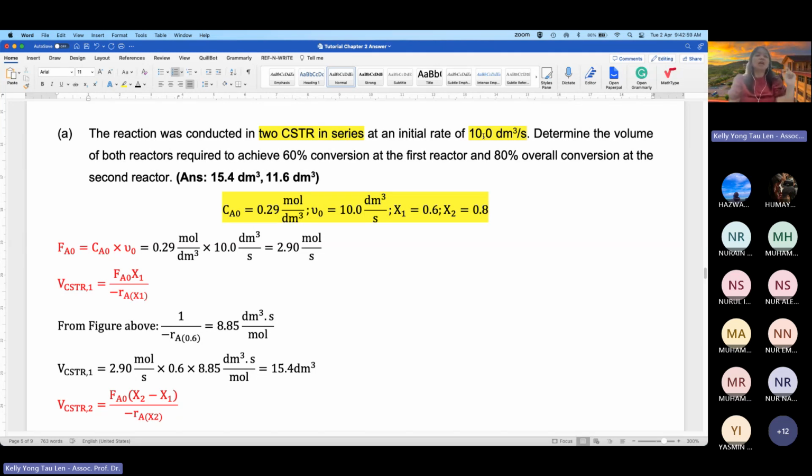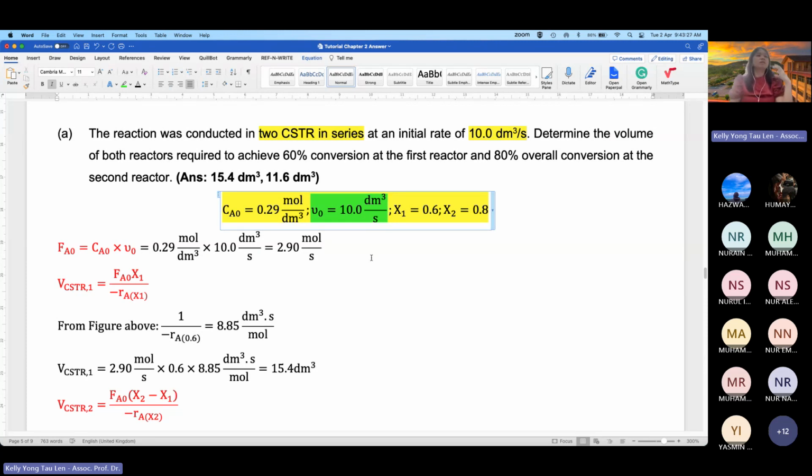Dm cube is volume, second is time, so volume per time is volumetric flow rate. They say this is initial, so this is the initial volumetric flow rate, represented by epsilon naught.